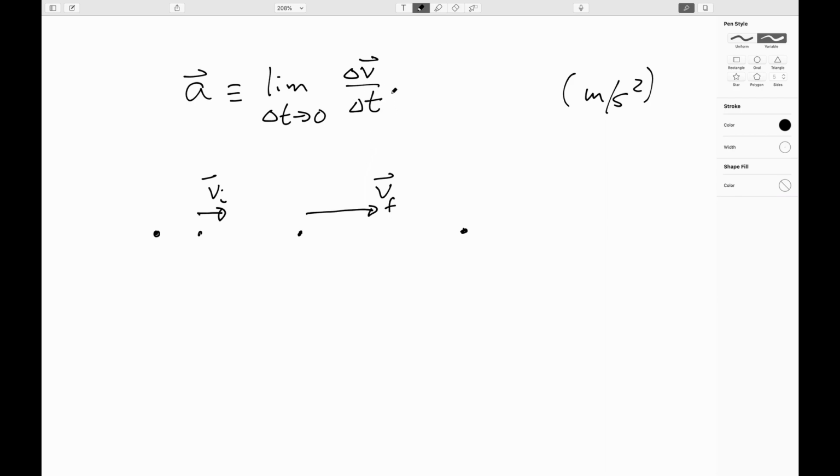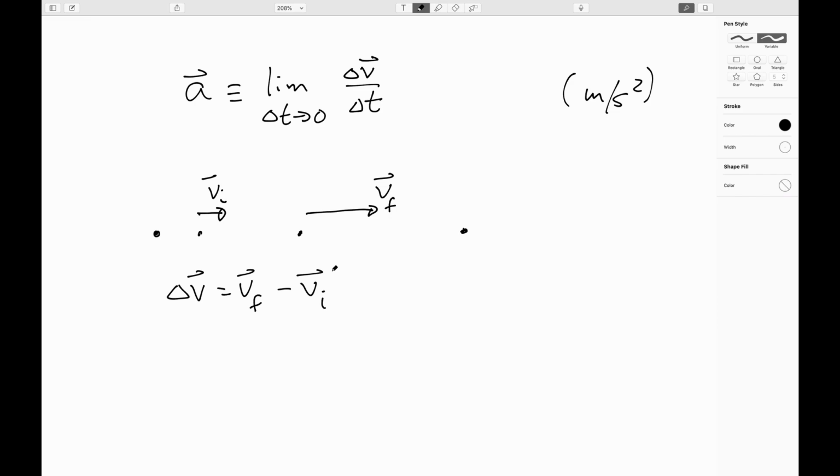This is because the time interval will always be positive, so we'll be multiplying by a positive number. So let's go ahead and find our delta v, and then we can recognize that our acceleration would have to point in the same direction.